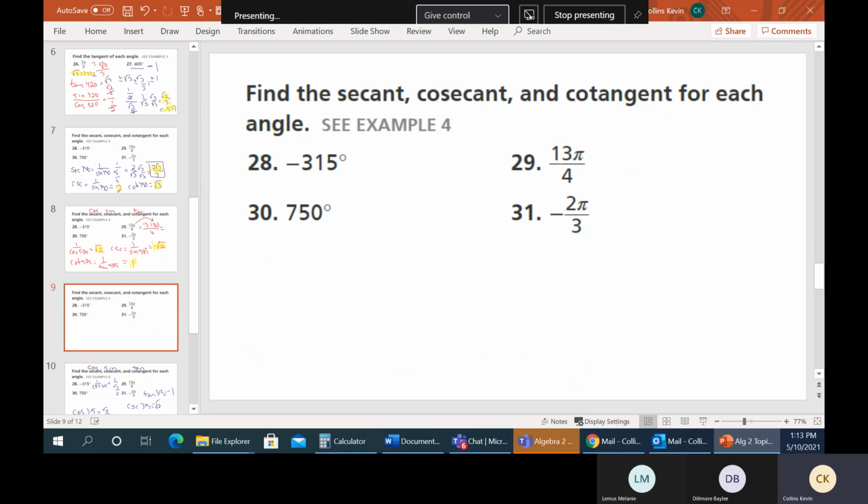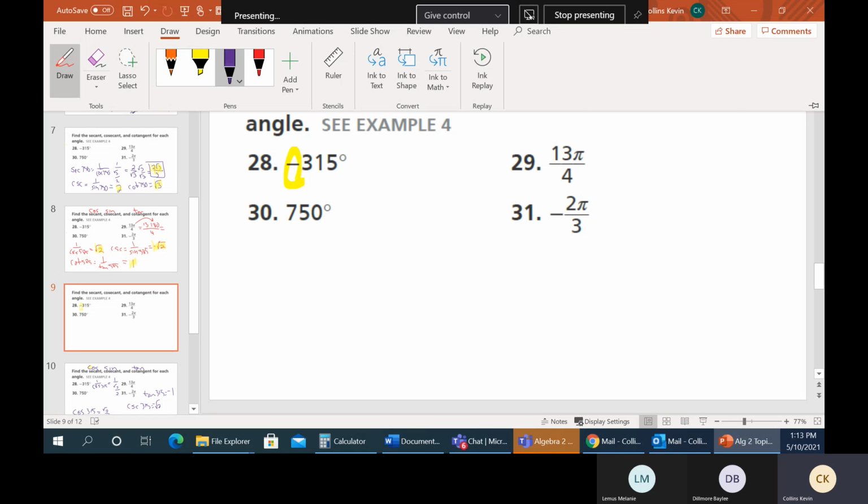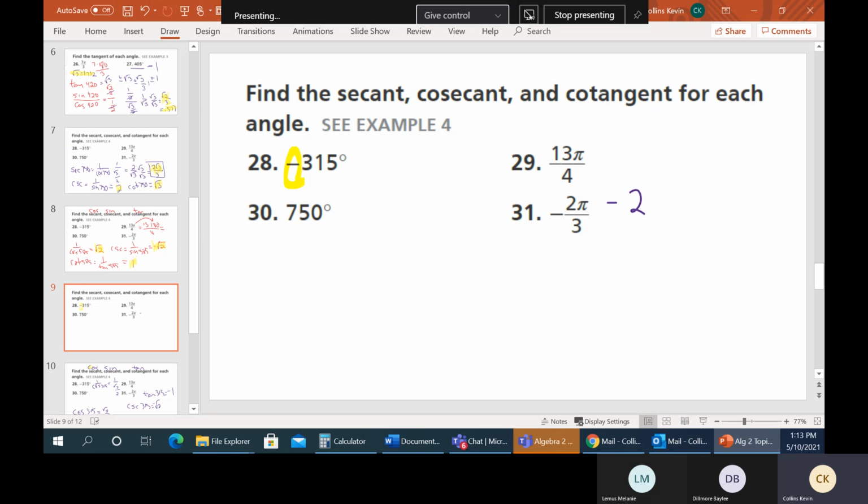All right, so we got a negative sign. Actually, I forgot about the negative sign here, but the procedure's still the same. Okay, but we'll use the negative sign on this one. So we've got -2 times 180 over 3. So pop that in our calculator.